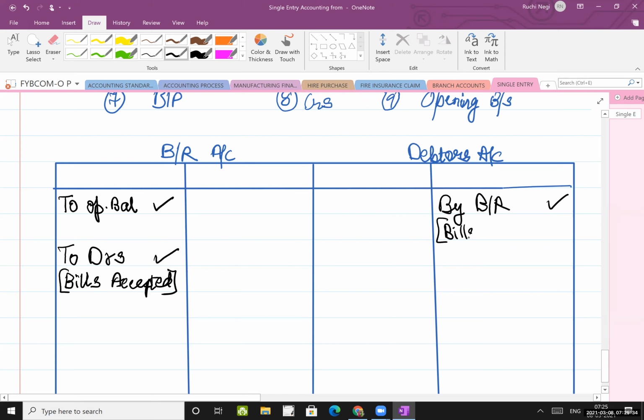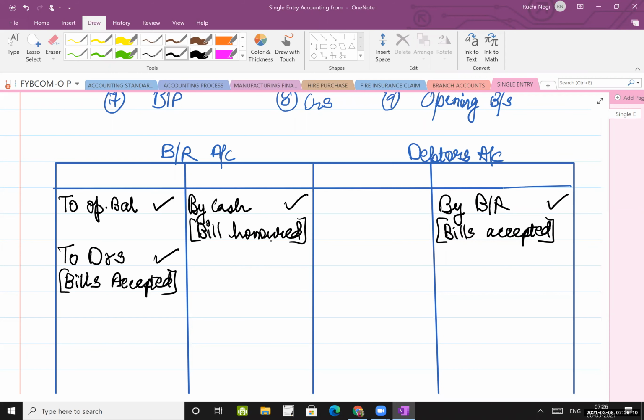Bills accepted. Next, bills honored. When a bill is honored, you will get cash, so cash account debit to bills receivable account. Reason: bill honored. Next, bills endorsed. There is bill accepted, bill honored, and bill dishonor also. So what will its entry be? Debtors to bills receivable. Debtors account debit to bills receivable. See, both these entries will be reflected in both the books because we are now doing single entry conversion into double entry.